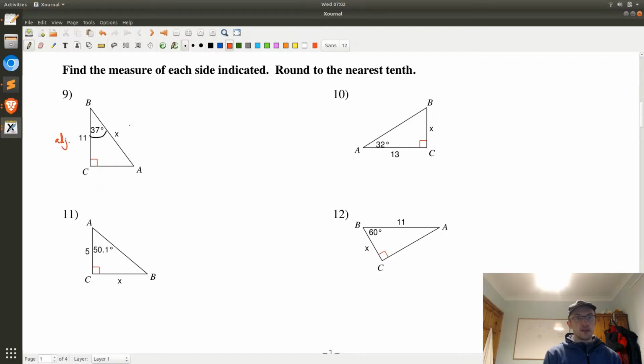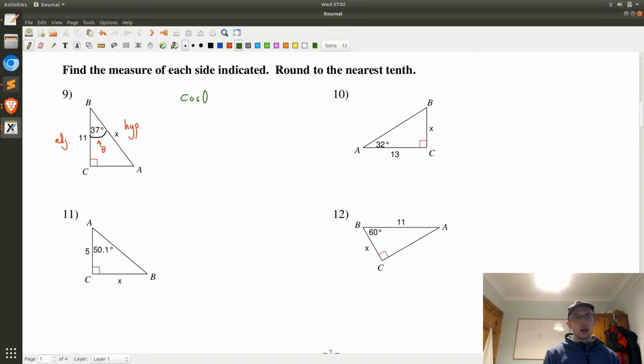The adjacent and the hypotenuse, those are involved. And 37 degrees, that's theta. So we've got the ingredients: adjacent, hypotenuse, theta. What comes to mind? CAH, SOH-CAH-TOA.